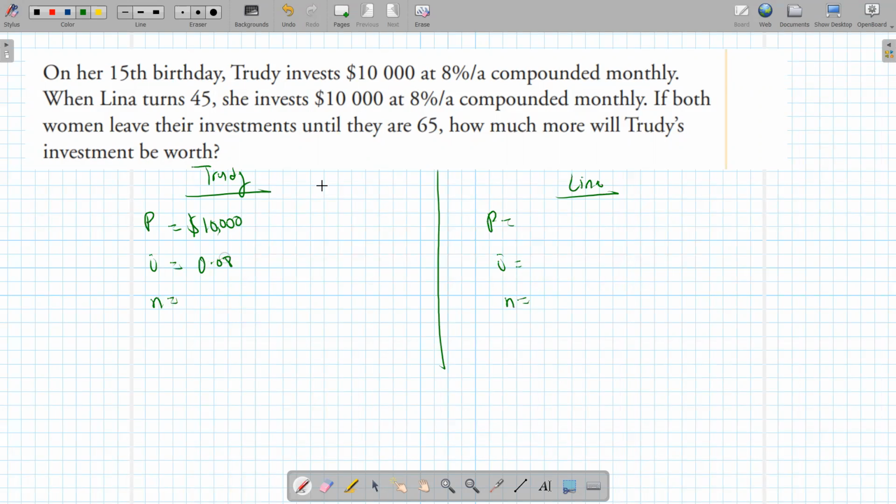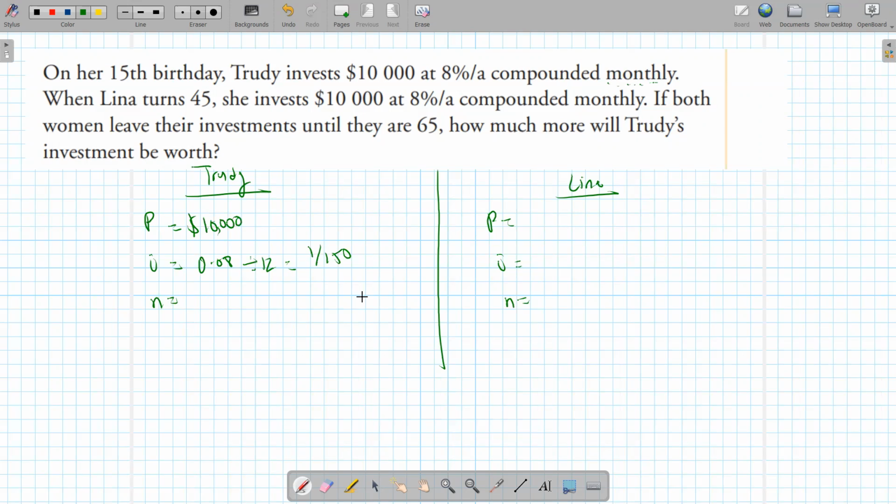That's the yearly rate, but how is it being compounded? Monthly. So what do we do with this 0.08? You divide by 12. So 0.08 divided by 12 is, as a fraction for now, not a nice number: 1/150.